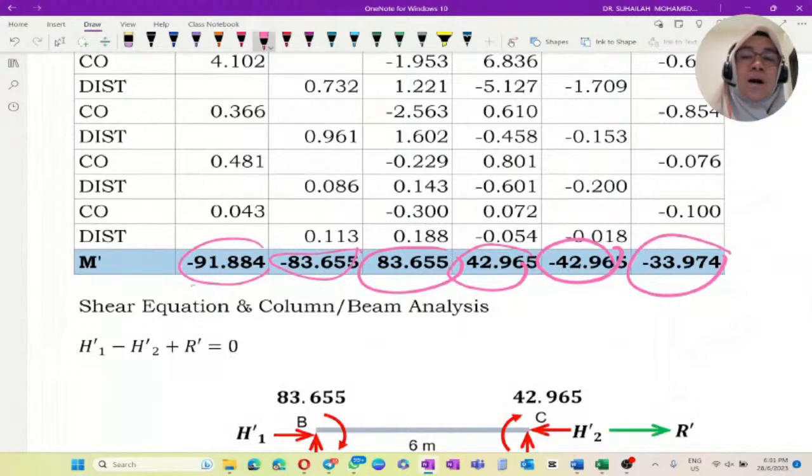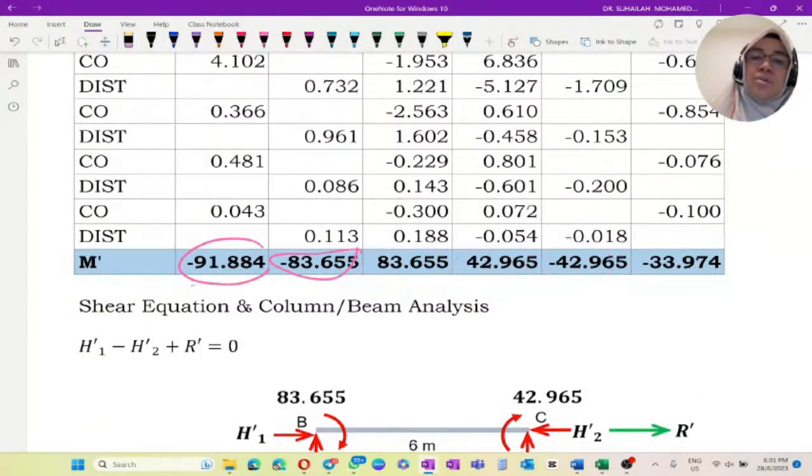So these are all six values of moment we get from table number 2. So we will use these end moment values to calculate H prime 1 and H prime 2, or AX prime and DX prime.